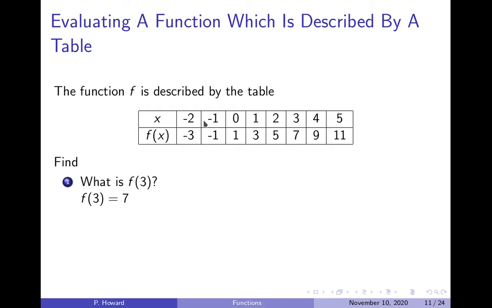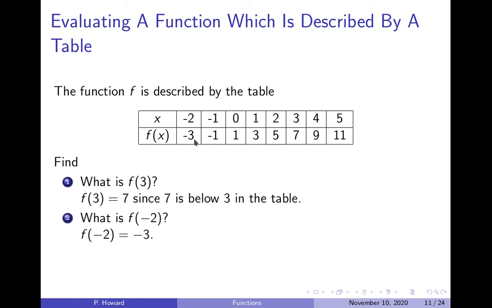If 3 had not appeared in the top row of the table, then this would not have been a fair question. What is f of minus 2? Same kind of procedure. You locate minus 2 in the top row. Minus 3 is below minus 2. f of minus 2 is minus 3.